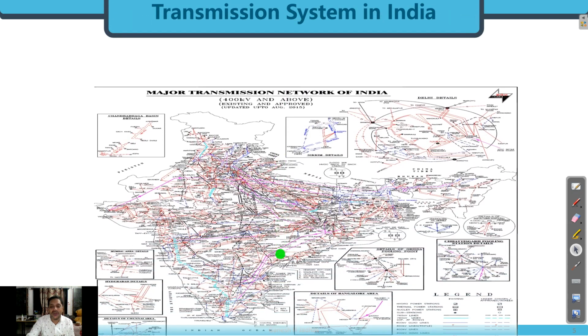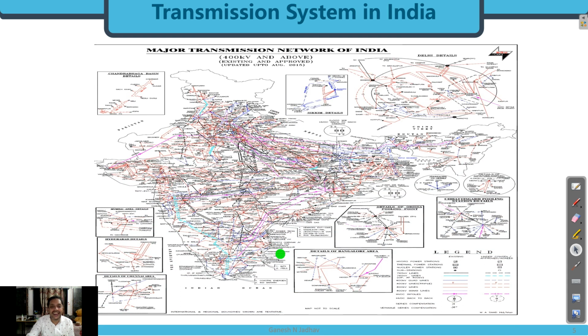Okay, what is this? You can see that this is the plan up to 2015. If you see in India there is a huge network of transmission lines, and this is all showing the transmission line network, but this is above 400 kV, not below 400 kV.